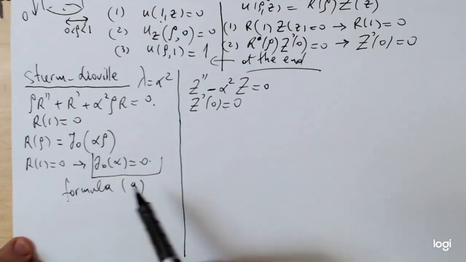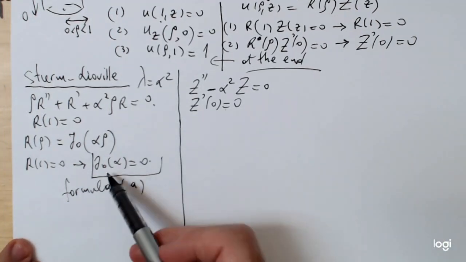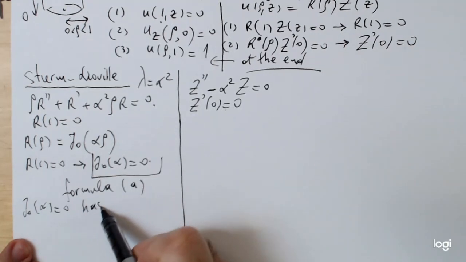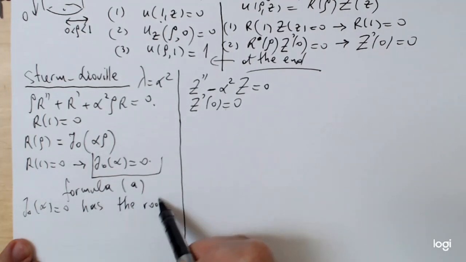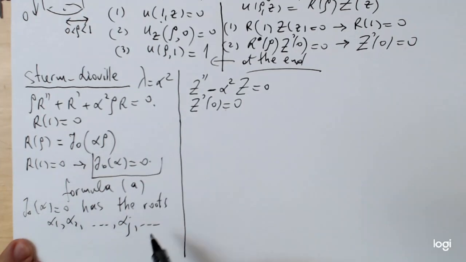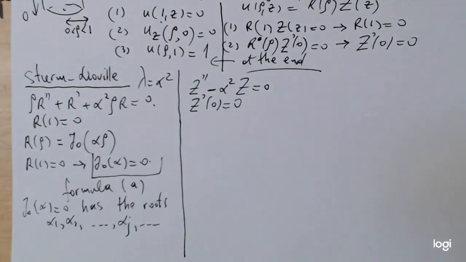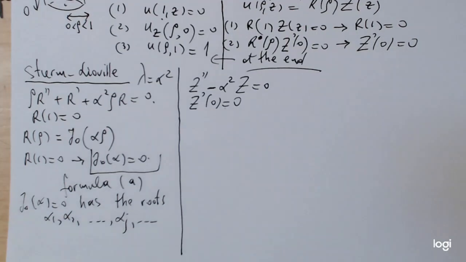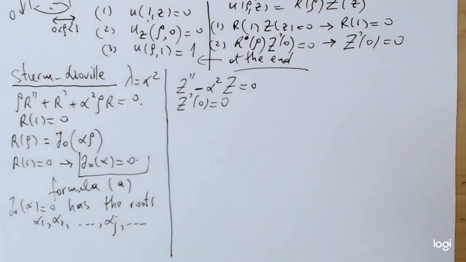At this moment, just state that this equation, J naught of alpha equals 0, has the roots alpha 1, alpha 2, and so on, alpha j and so on, right? I mean, infinitely many positive roots. So alpha j's are the roots of this equation, similar to other problems, because in the previous example, remember, there was a different boundary condition from the Newton's law of cooling.